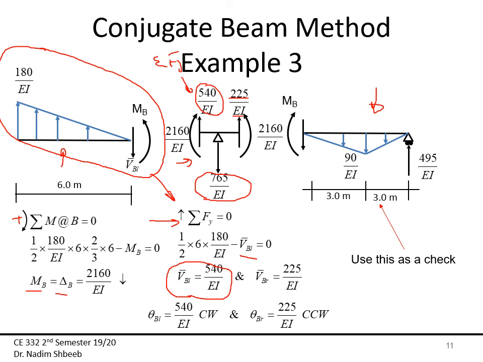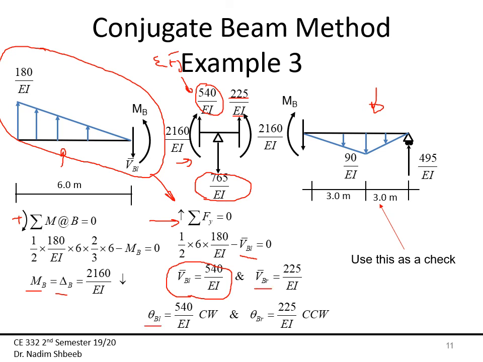Okay, so if in the future I'm asking you for the rotation at an interior hinge, we know from the beginning of the semester that usually for an interior hinge, the angles are not equal. Okay, so theta 1 is not equal to theta 2, which we have right here, VB left and VB right.